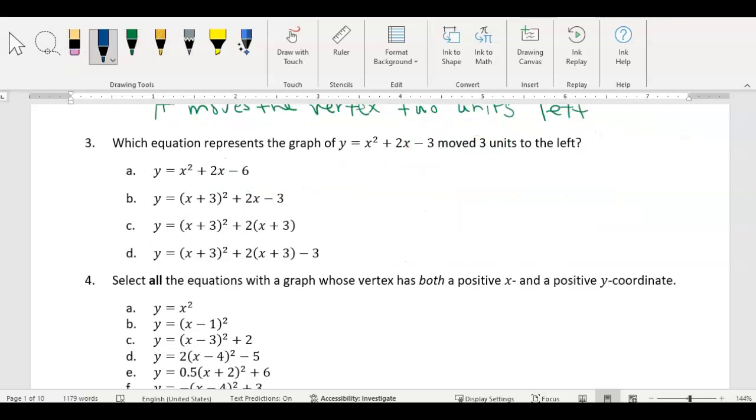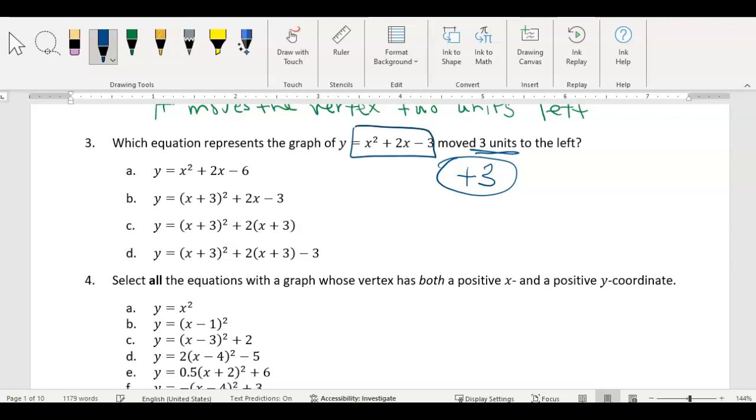All right, so number 3 says, which equation represents the graph of y equals x squared plus 2x minus 3, moved 3 units to the left? When we're moving 3 units to the left, remember that means that we are adding 3. So we're adding 3 to x, and we have to add 3 to x everywhere.